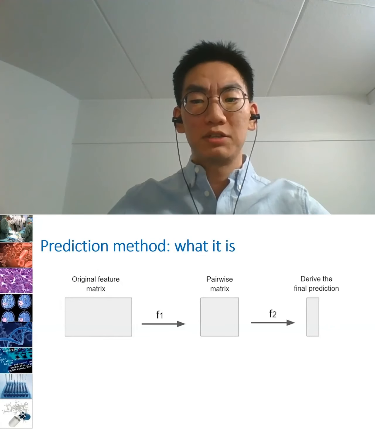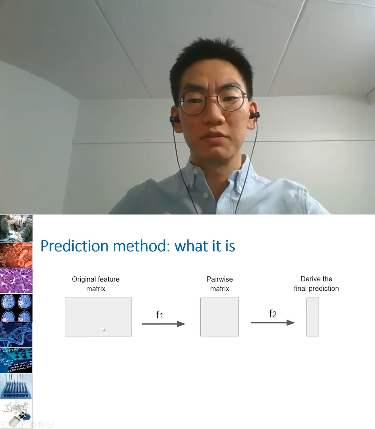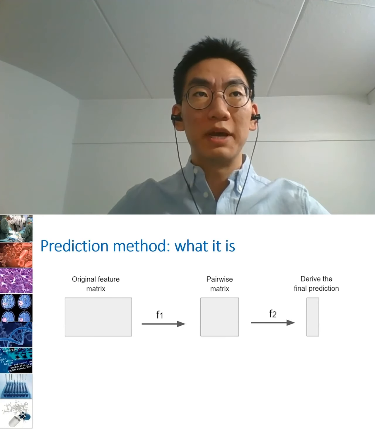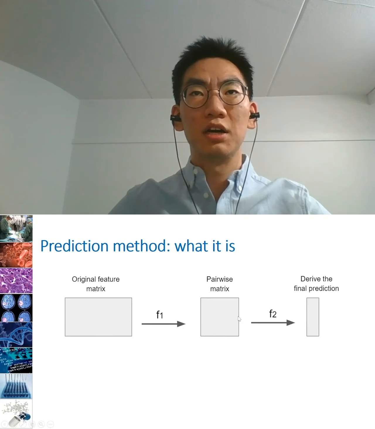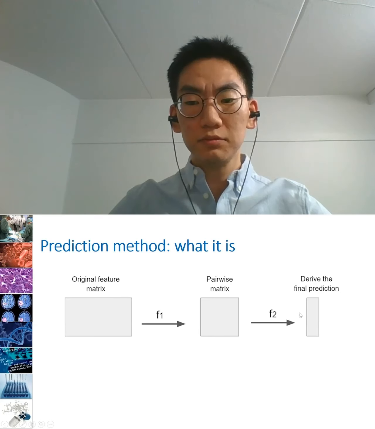Our prediction method is basically adopting this common two-step strategy. So first, we transform the data point from the original data feature space to the similarity or distance space. And then from the similarity or distance space, we form a model to do the final prediction.